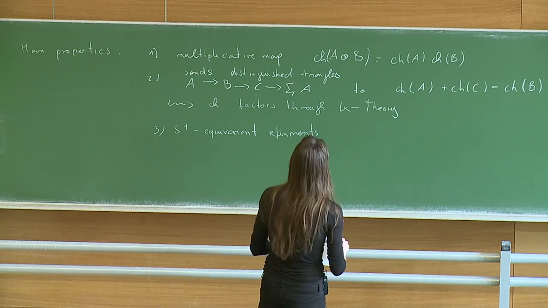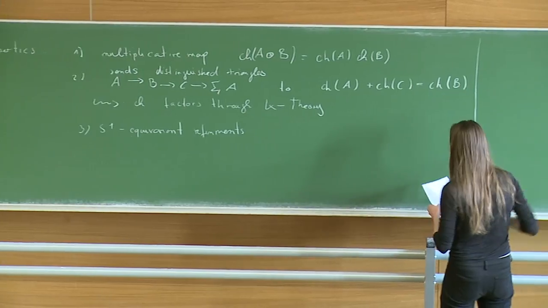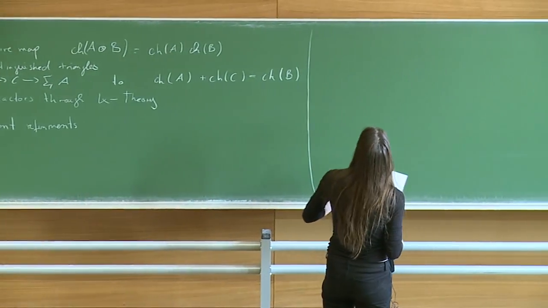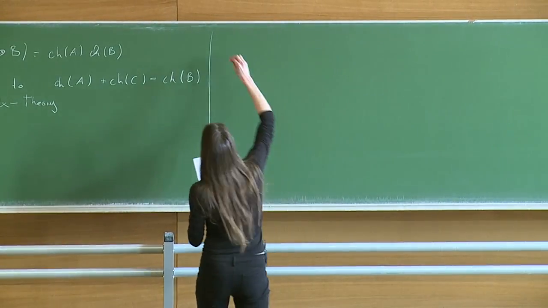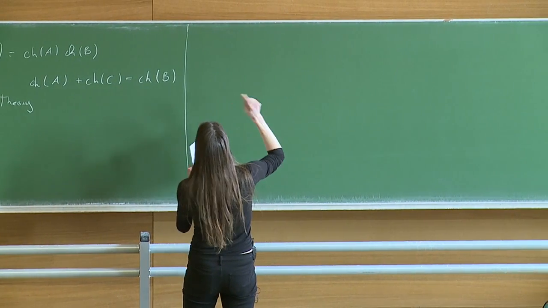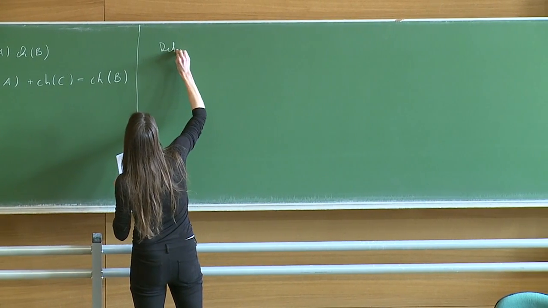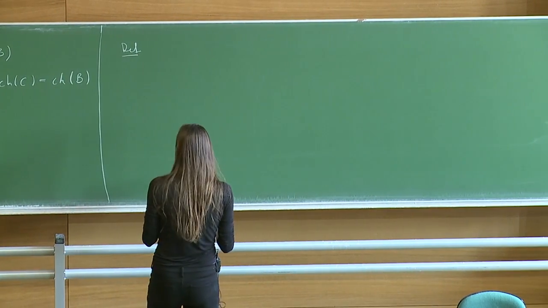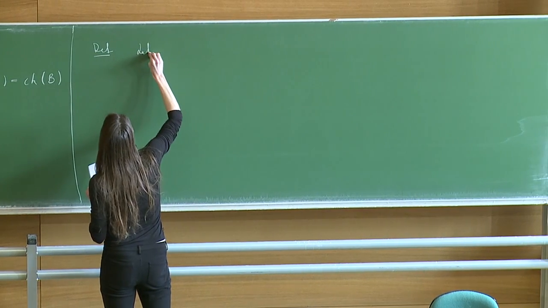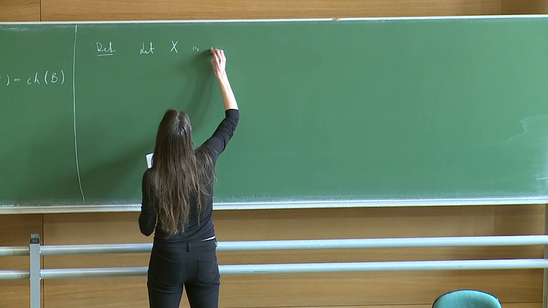Okay, so let us introduce the loop space, which will give us a hint as to what the categorified Chern character should be, so where it should start from and where it should end, by writing Hochschild homology in a slightly different way. So we'll assume here that X is a derived stack.